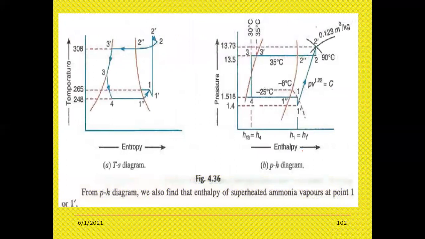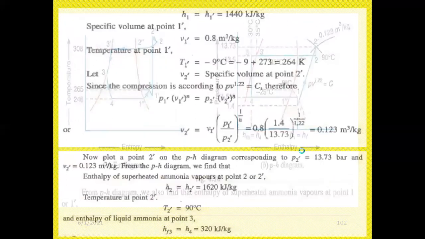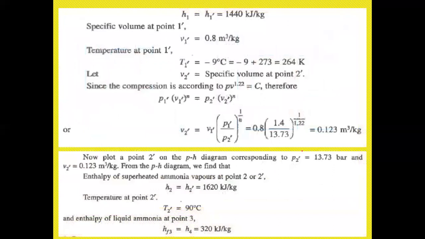Next, if you see the TS diagram and PV diagram as usual, H1 is equal to H1 dash, that is equal to 1004 as in the table. Specific volume at point 1, V1 dash, is equal to 0.8 meter cube. The temperature at point 1, T1 dash, is minus 9 plus 273.